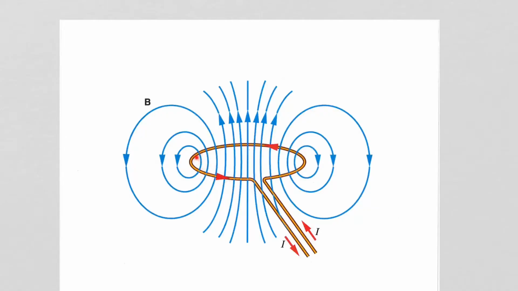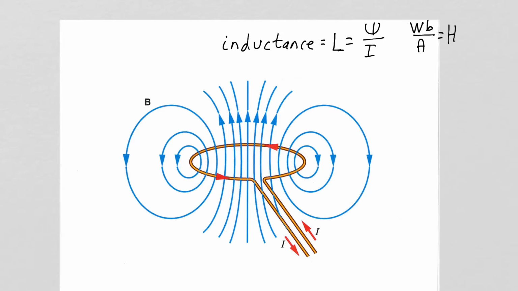Here I have a coil of one turn, and with the current flowing through the coil, we know the form of the magnetic flux density fields. We will define inductance, and we'll use the symbol uppercase L for inductance, as the ratio of the total magnetic flux over the current that's generating that magnetic flux.